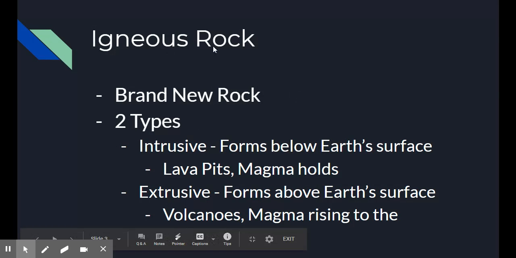So igneous rock is brand new rock, and there's two different types. There's intrusive igneous rock, which forms below Earth's surface in lava pits and magma holds. All right, so it's underneath different layers where lava has come in and it has solidified into new rock.